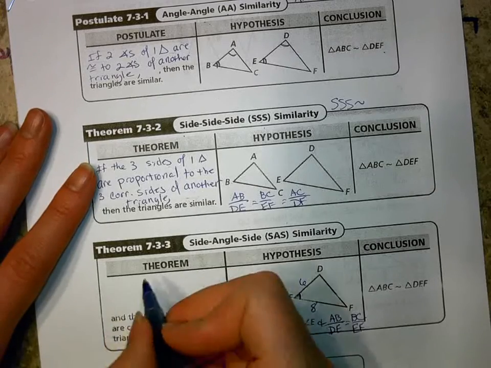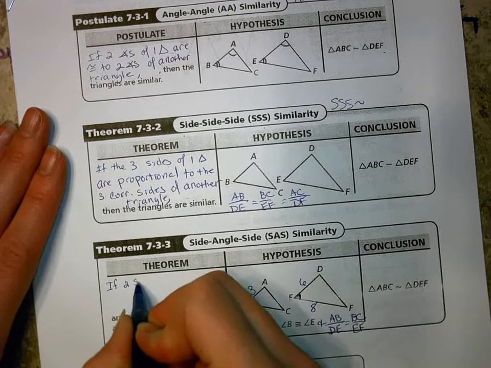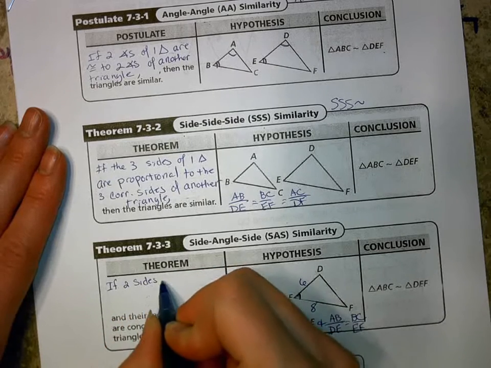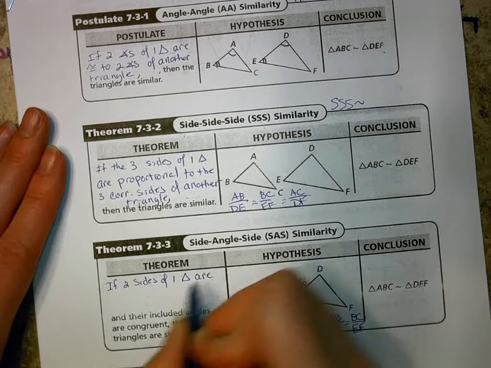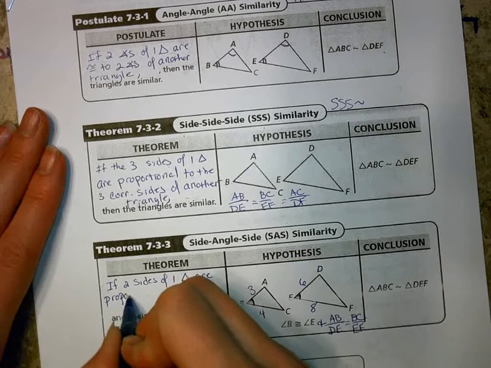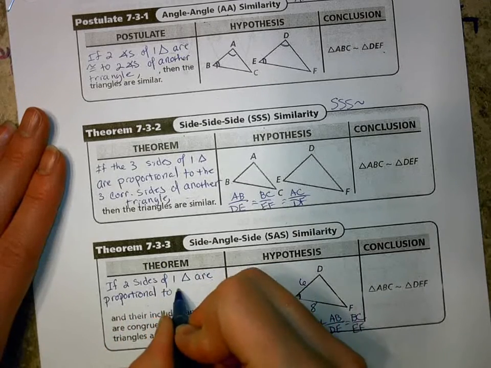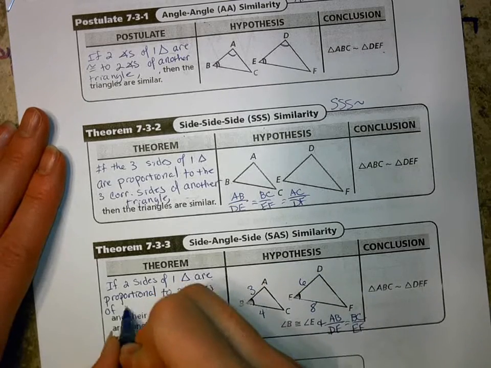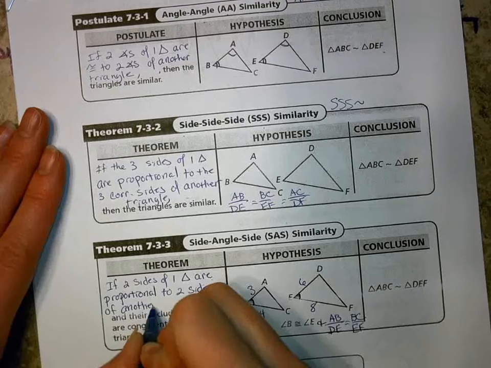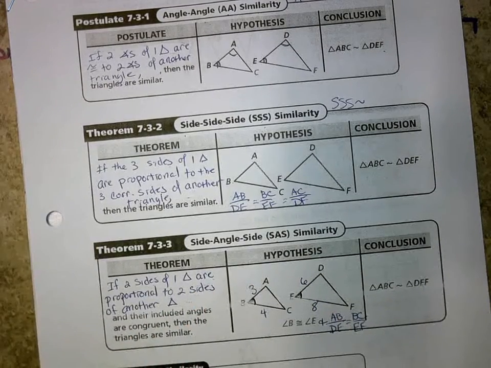So let's write this one in. If two sides of one triangle are proportional to two sides of another triangle, and their included angles are congruent, then the triangles are similar.